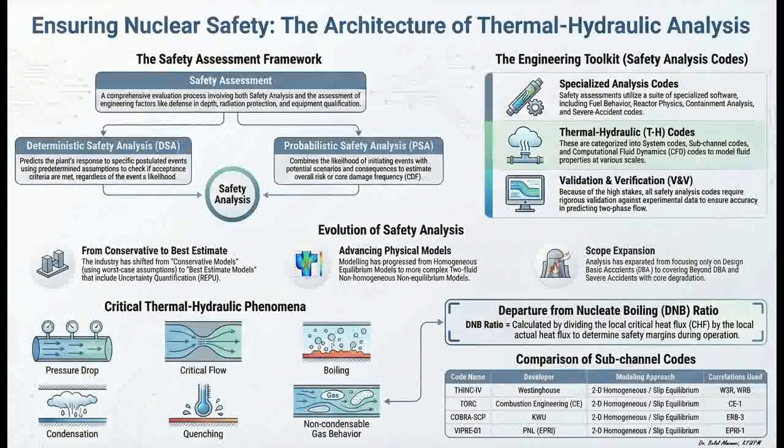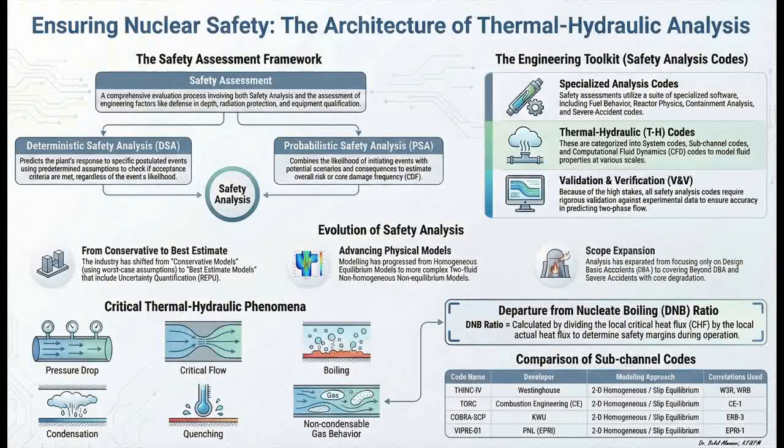Under the old conservative models, engineers were required to assume the absolute worst-case scenario for every single variable simultaneously. Like assuming the highest possible decay heat generation. Right, and the worst possible power peaking factors inside the core, plus the absolute minimum performance from the emergency core cooling systems. Which mathematically guarantees safety on paper, sure.